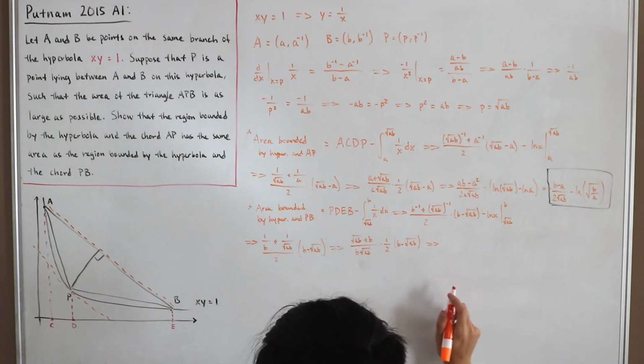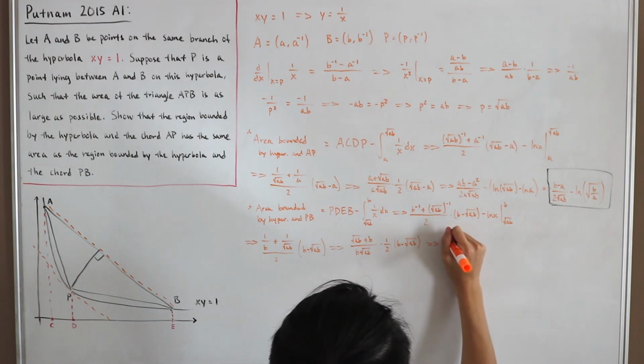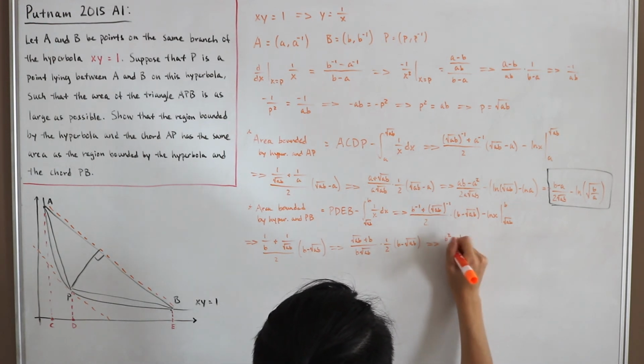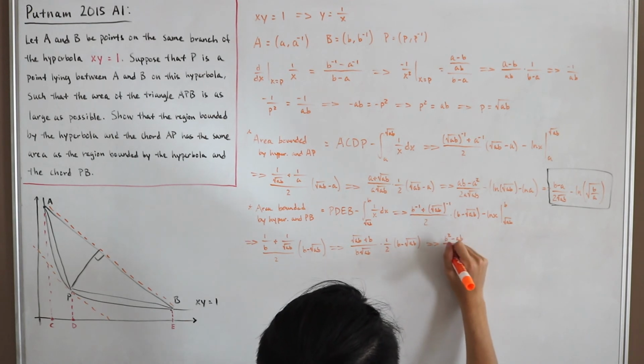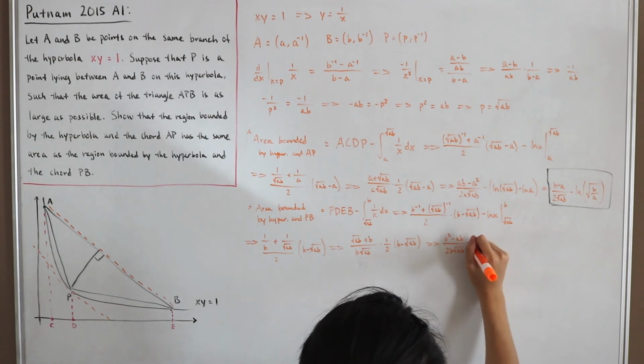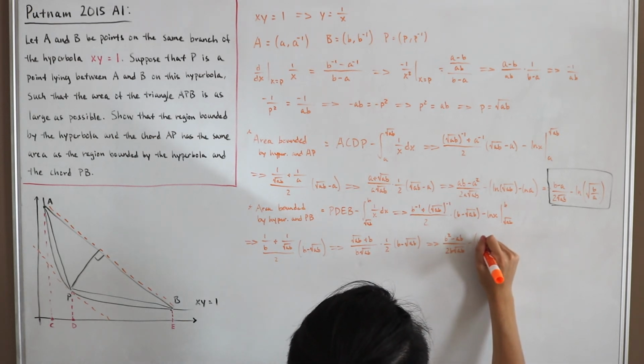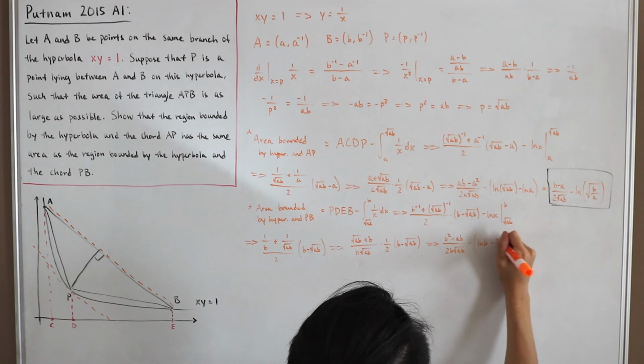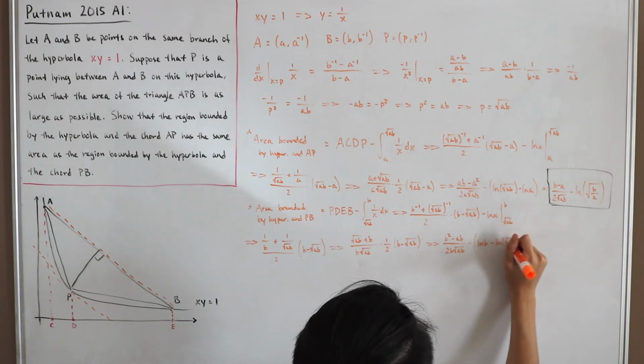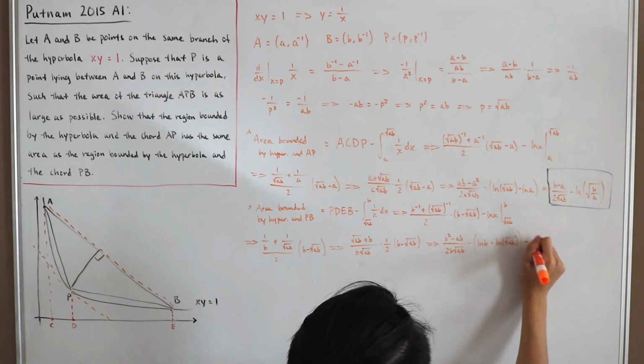So we would get B squared minus A times B, and then subtract 2 times B times the square root of AB. And of course we evaluate from ln of B, and then subtract ln of the square root of AB. And we're almost done.